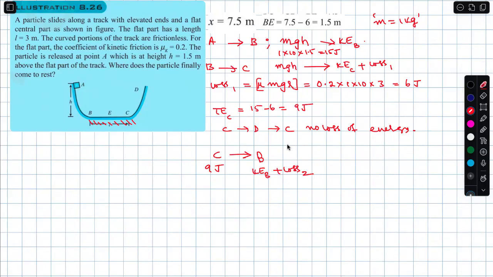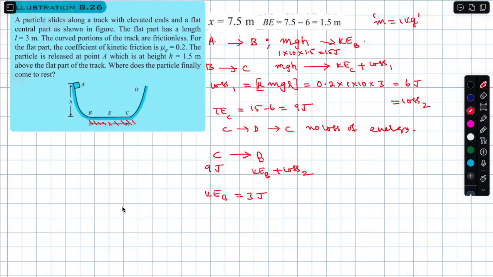What is loss 2? Every time you move, it is 6 joules. So loss 2 is also the same. Therefore, kinetic energy at B will now become 3 joules.